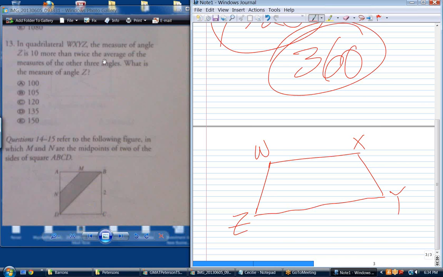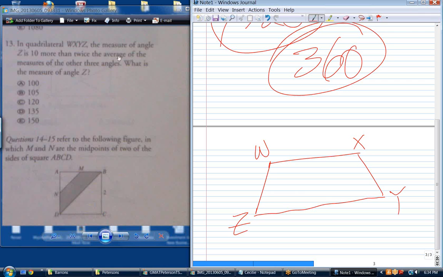Z is equal to (W plus X plus Y) divided by 3, times 2, plus 10. Right?